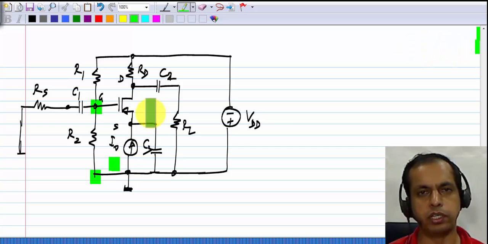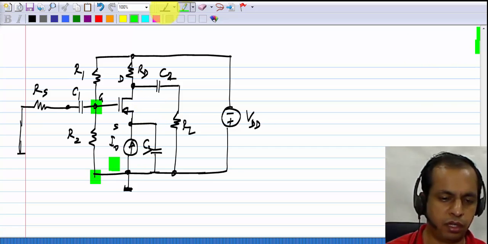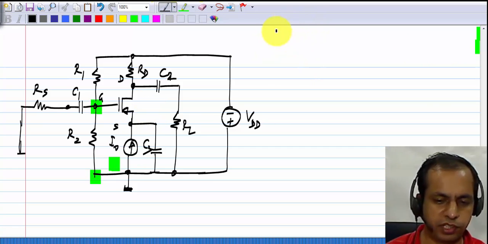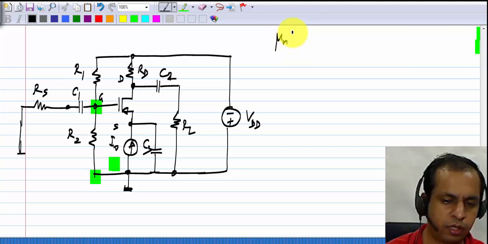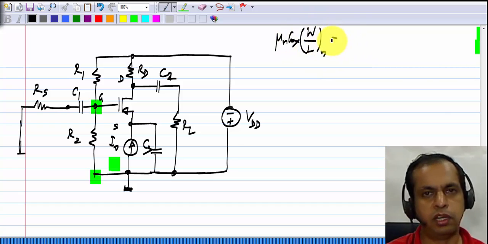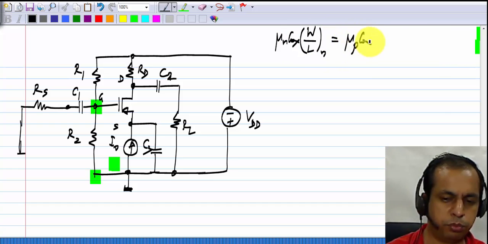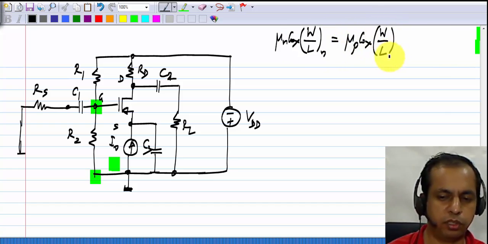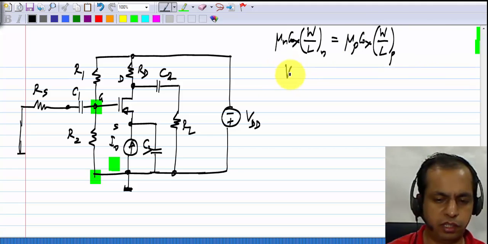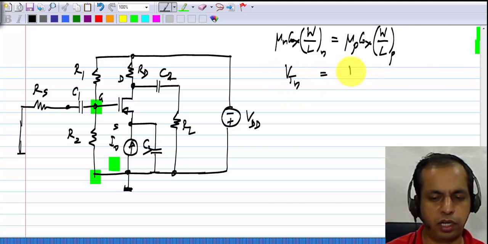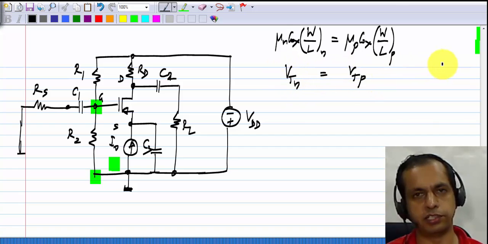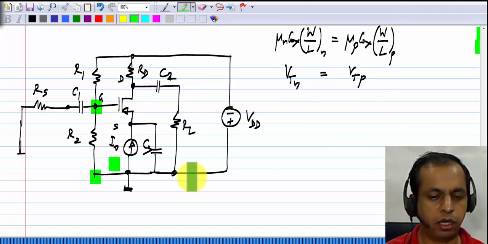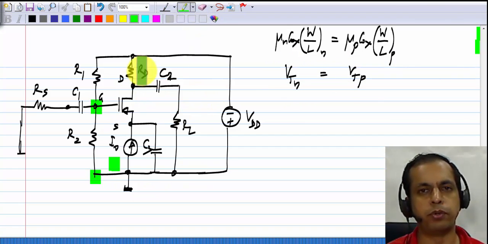Now the operating point is the same, that is, if let's say that mu_n Cox W by L of the NMOS transistor is the same as mu_p Cox W by L of the PMOS transistor, and the threshold voltages of the NMOS and PMOS transistors are exactly the same, then doing this will ensure that the operating point conditions are exactly the same for PMOS and NMOS except for a reversal of polarity.